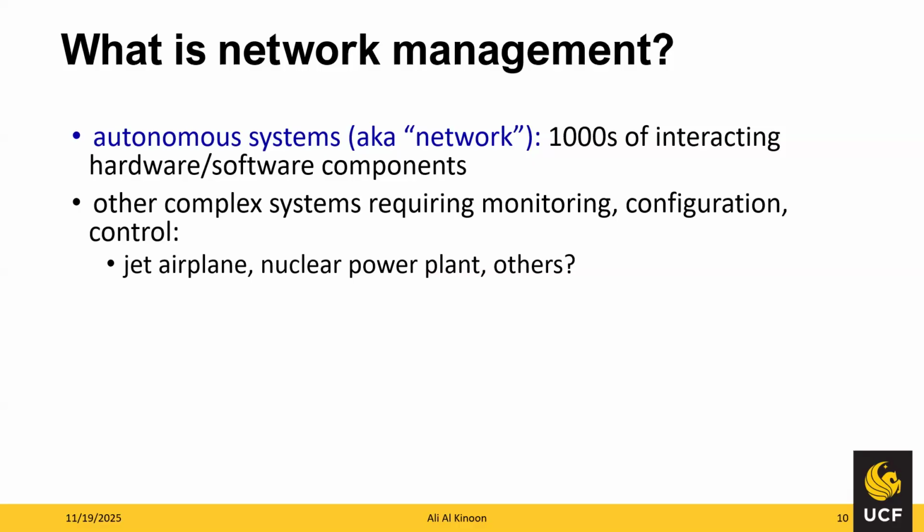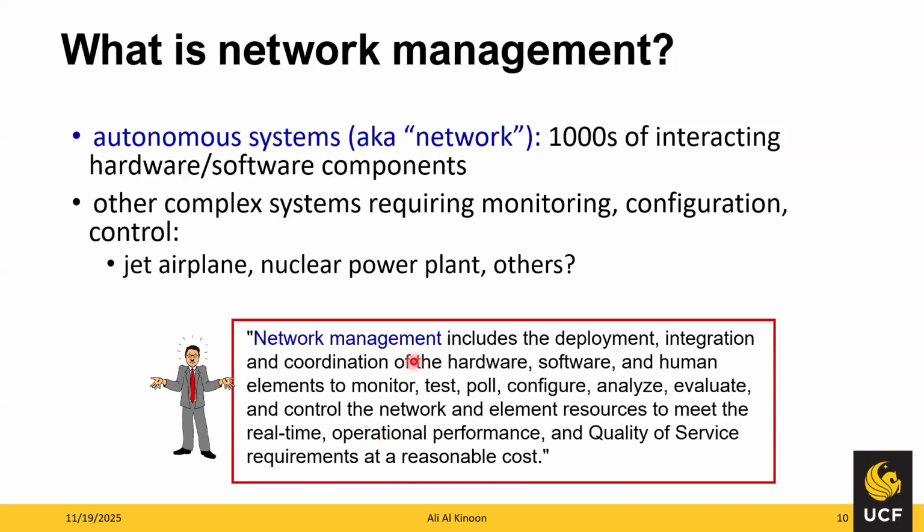Okay. So this definition gives the full picture. Network management involves deploying, integrating, and coordinating all the hardware, software, and people needed to keep the network healthy. So it includes tasks like monitoring devices, testing performance, configuring equipment, and troubleshooting issues.